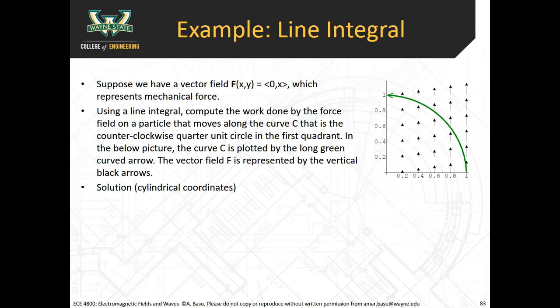This is the vector field 0, x, and then you're asked to calculate the line integral. Now we did the entire circulation around here, right? I'm seeing a lot of blank stares.